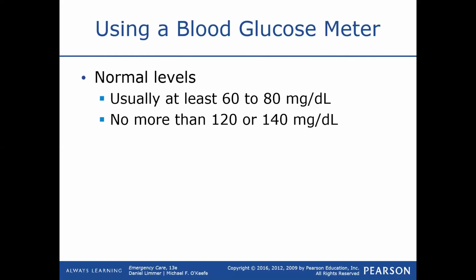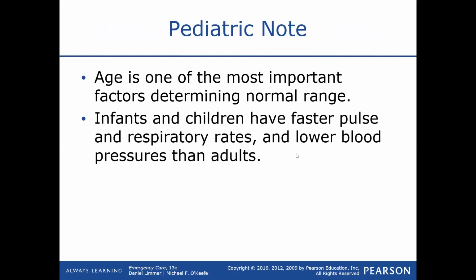Again, everybody's a little different, especially those with diabetes. They run at different levels than a normal, I'm using quotation marks, a normal person. So again, don't get too hung up on the normal numbers, but we'll talk more about this when we get to the altered mental status and diabetic section.